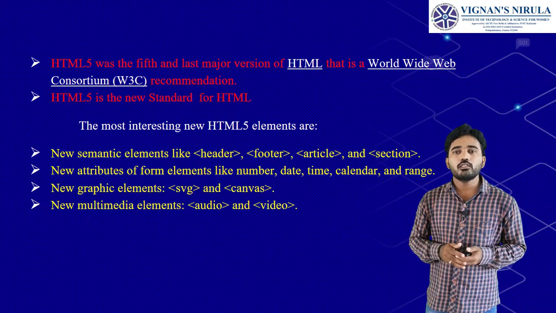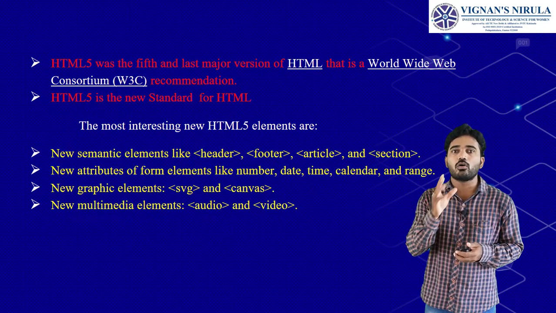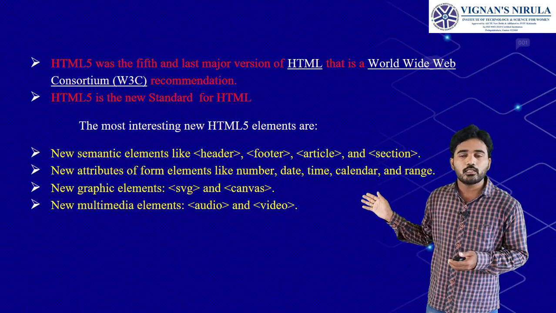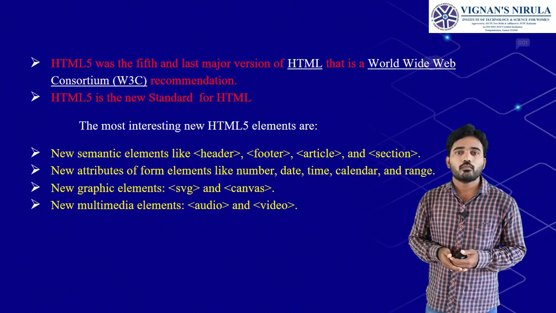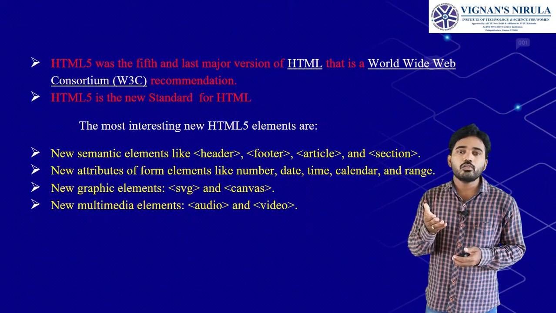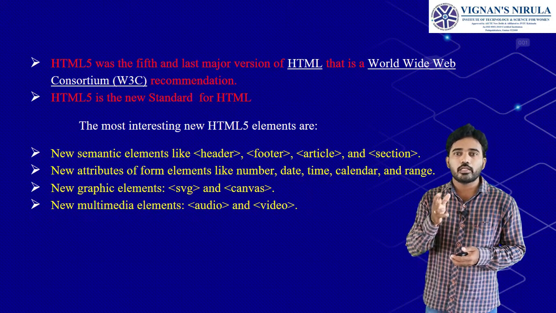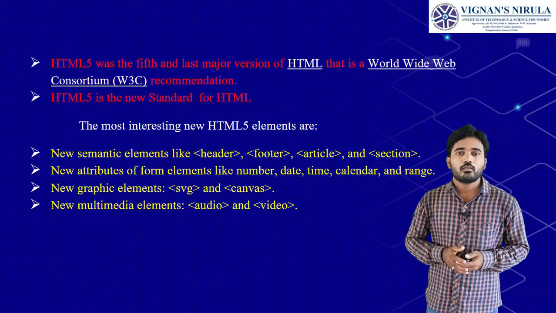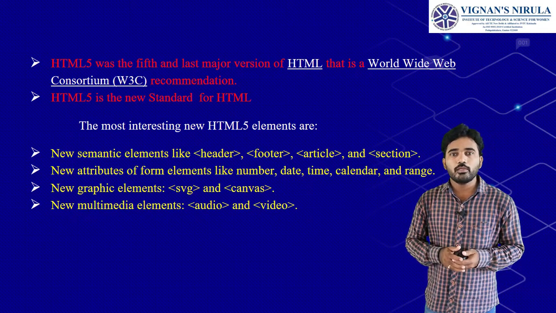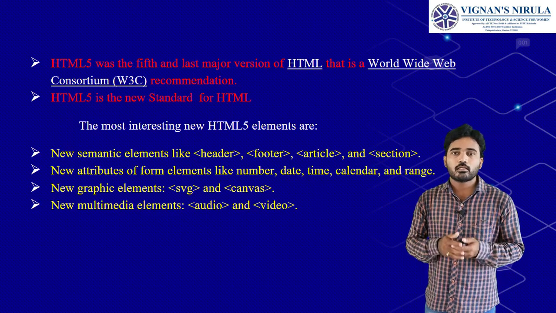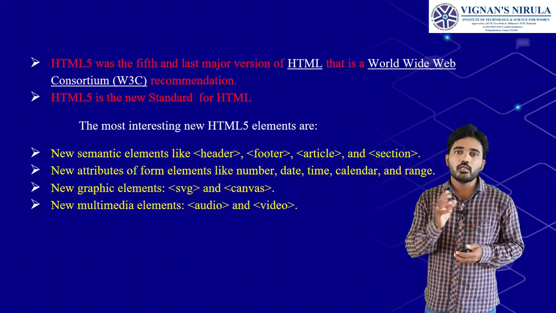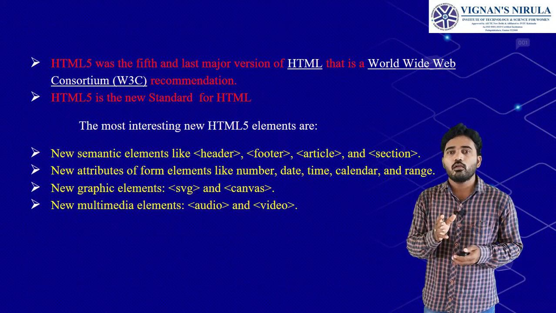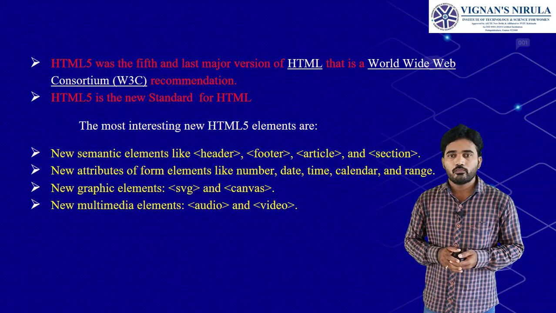The most interesting new HTML5 elements are the new semantic elements like header, footer, article and section, and new attributes of the form elements like number, date, time, calendar and range, and the new graphic elements like SVG and canvas. And HTML5 consists of different elements like audio as well as video.